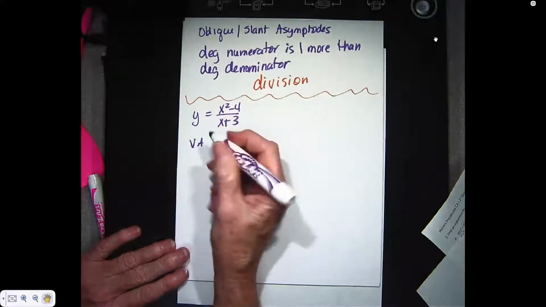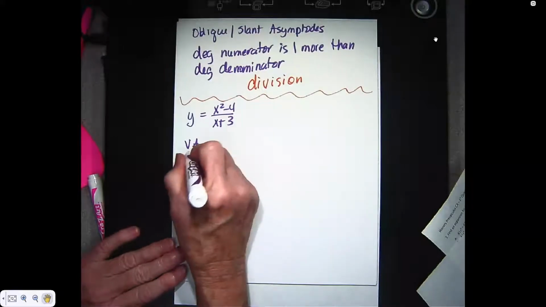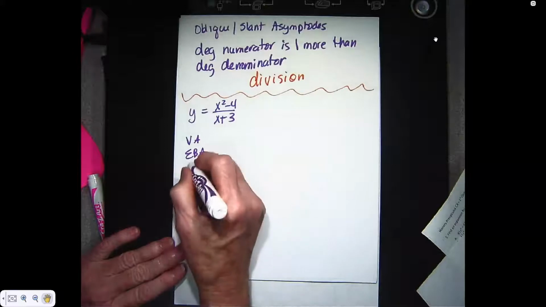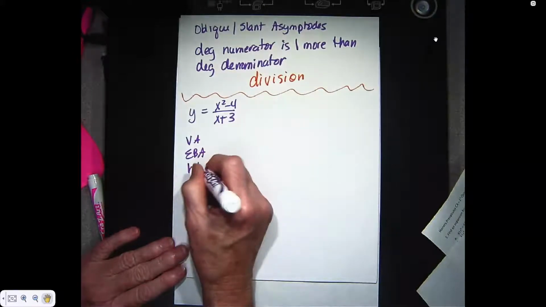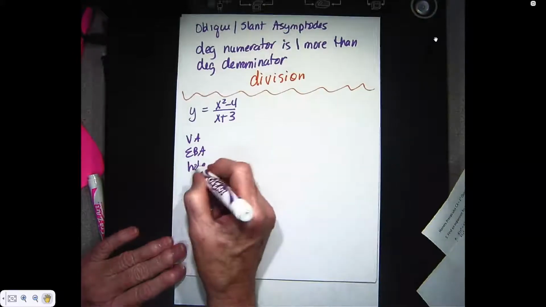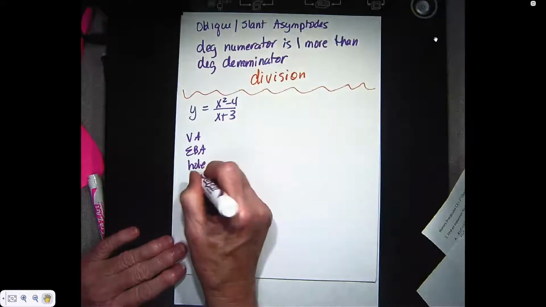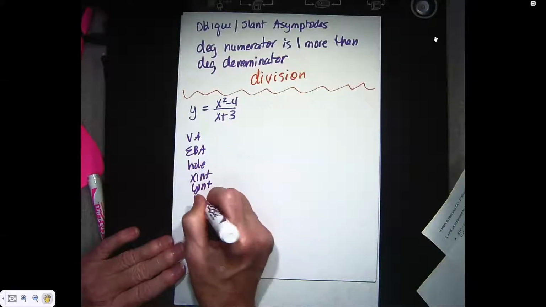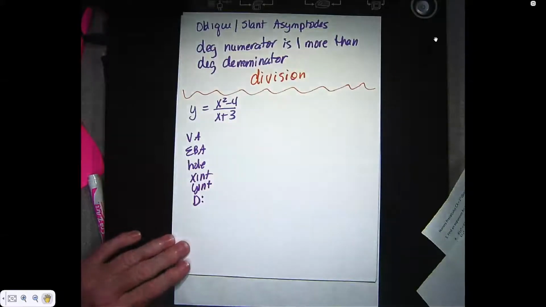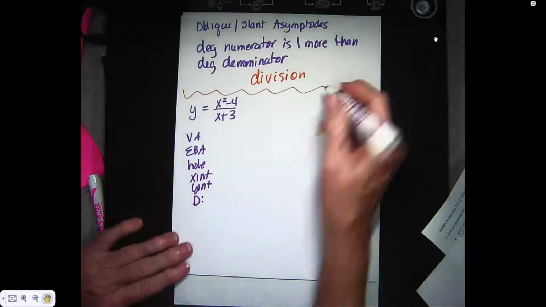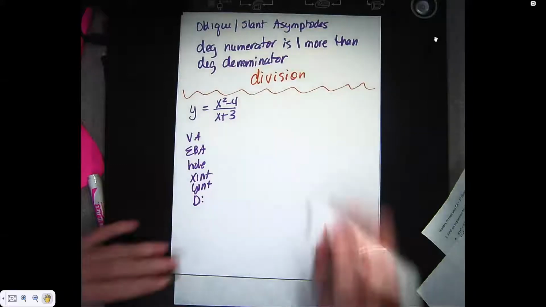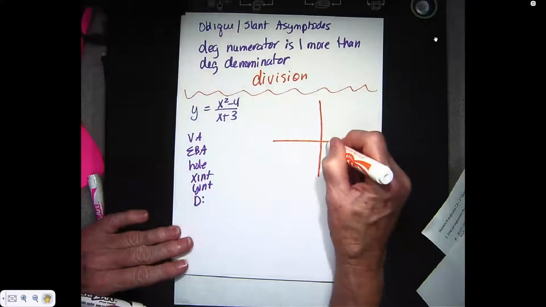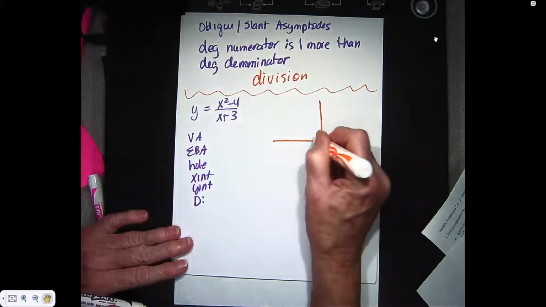List your critical attributes: the vertical asymptote, the end behavior asymptote in general, not horizontal, not vertical, holes, x-intercept, y-intercept, and the domain. I rarely will ask you for the range, but I'm always going to ask you for the domain because that's what's undefined in the problem and you should be able to find that.